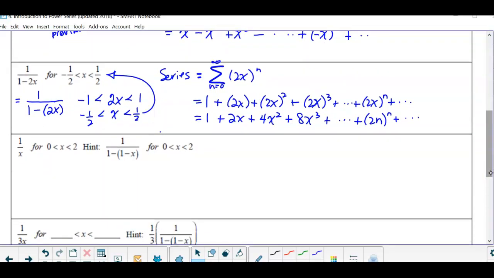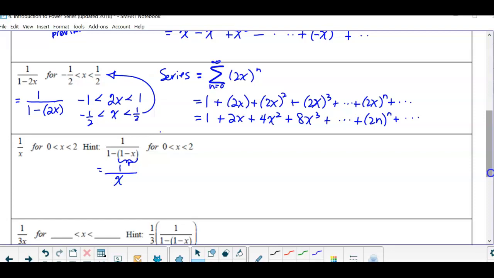Okay, so this one we've given you a hint. So this is now your r, because if we simplify this, we get 1 minus 1 is 0, minus a negative x is a positive x, right? So those are the same. So this is your r, the common ratio.